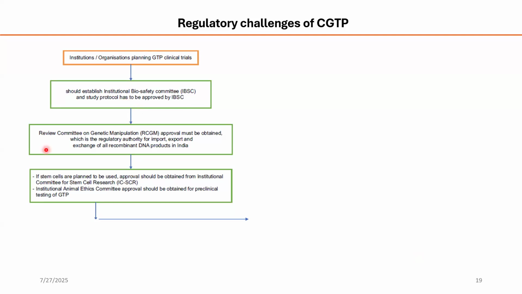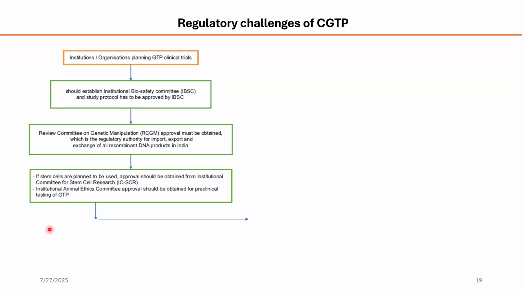Then there is the review committee on genetic manipulation, because you genetically manipulate the cells to treat the patient, right? So you need the approval from this review committee for genetic manipulation, where you have to give information on the import, export, and exchange of all the recombinant DNA products in India.